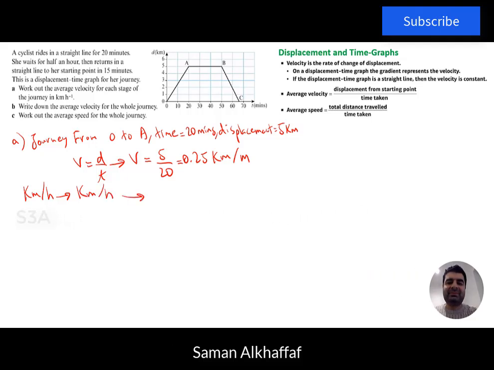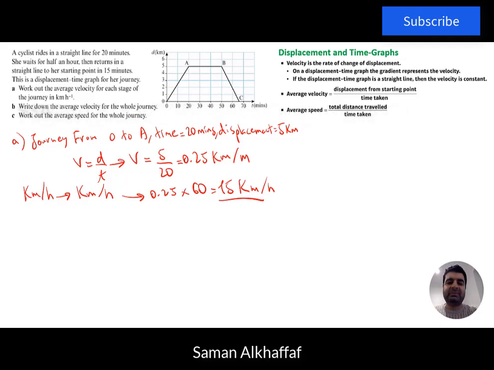So we multiply the 0.25 by 60, and that would give us 15 kilometers per hour, which will be the answer for part A.